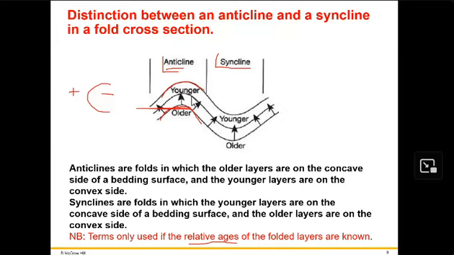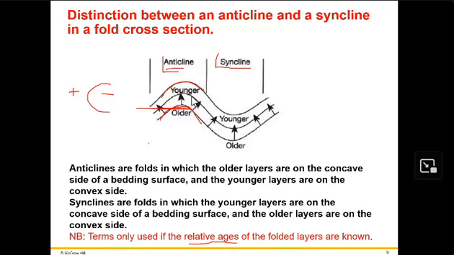Okay. So beds are always in an undisturbed sequence. A bed is always younger than the one below it and older than the one above it. That is the principle of superposition.